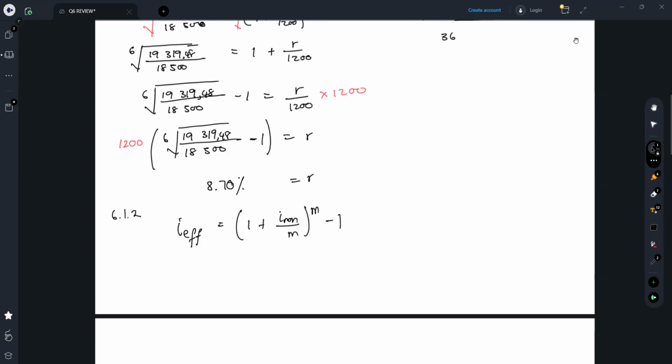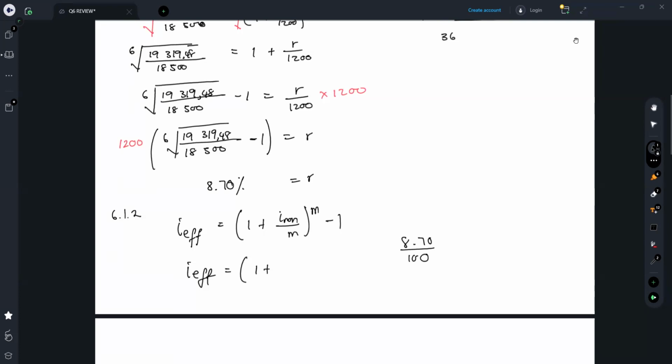So now this is the value that we found, right? This is the value that we found. So that's the value we are going to replace in here. So we're going to have I effective is equal to 1 plus, now divide that value by 100. Or you can place it as 8.70 divided by 100.